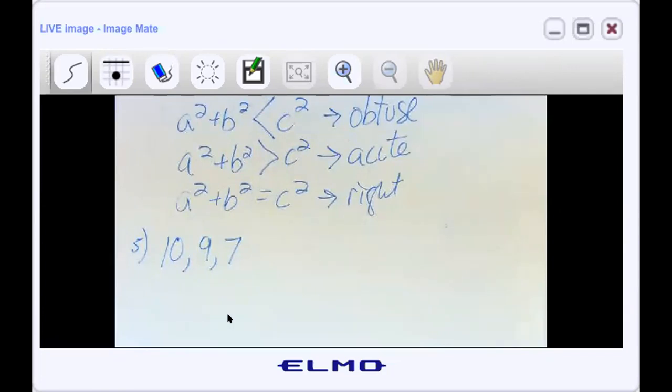You've got to put the right number in for C. Be careful. Who's C this time? It's not always just the last number. The biggest number has to go in for C. So you can't bank on it always being given in the right order.